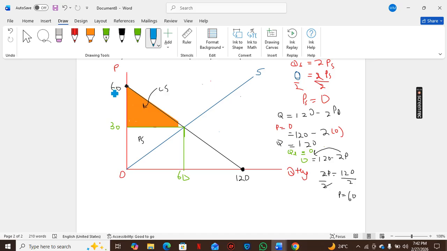We're going to say 60 minus 30, height of this triangle is 30. What is the breadth of this triangle? From 0 here to 60 units, the breadth is 60 minus 0, that is 60.